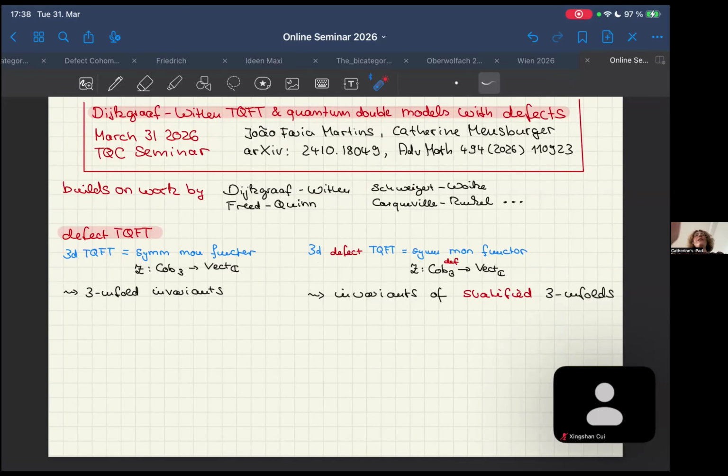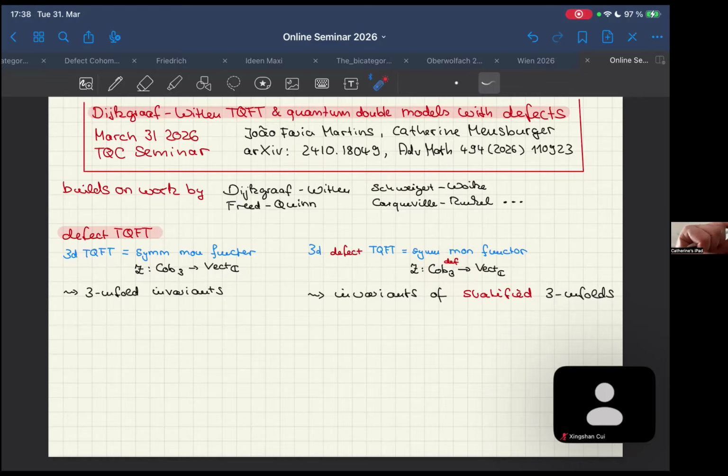So what is different in a defect TQFT? In a defect TQFT, you also have a symmetric monoidal functor, but what is changed is the cobordism category. It's no longer just closed surfaces and 3-dimensional manifolds with boundary, but the surfaces can be decorated with vertices and with lines.